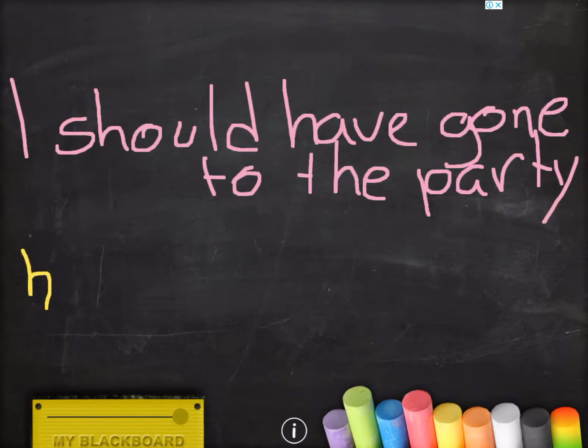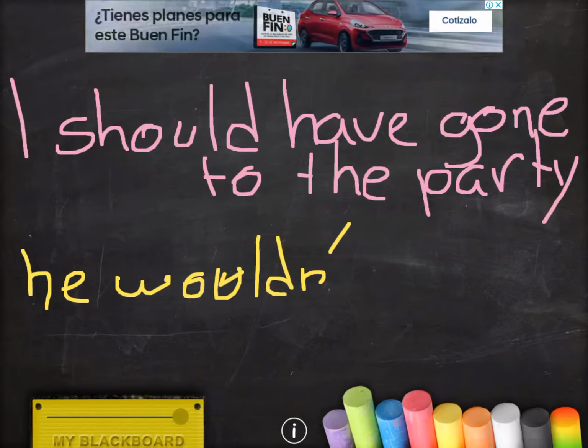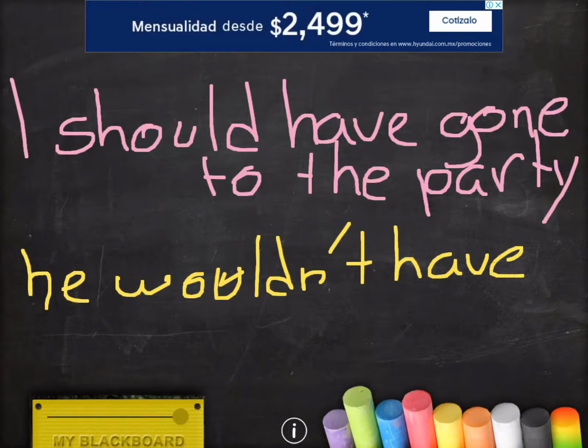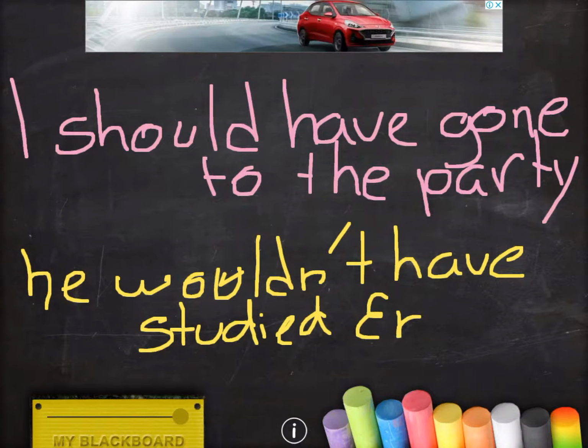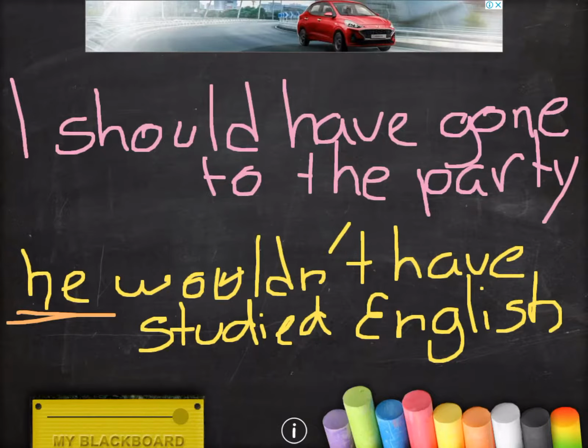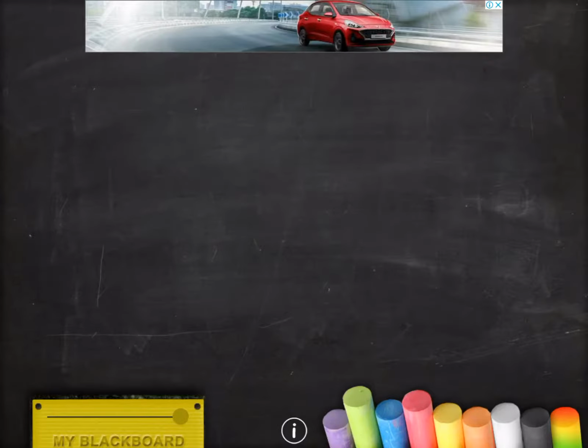Another, for example, she wouldn't have studied English. Right? In this case, please check that with he or she we use have, and we use the past participle. We do not use has, because we have the wouldn't inside. Another example, another regret.